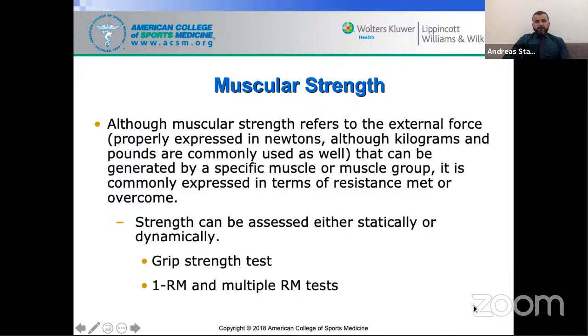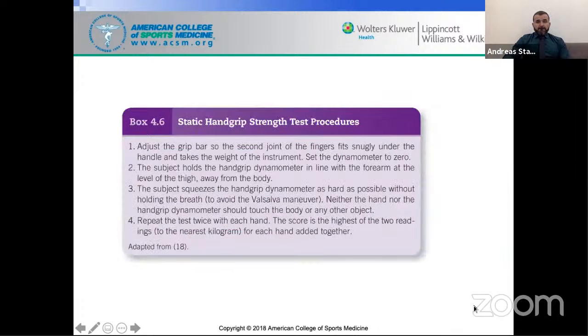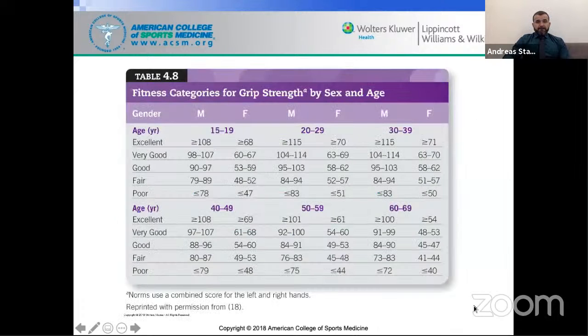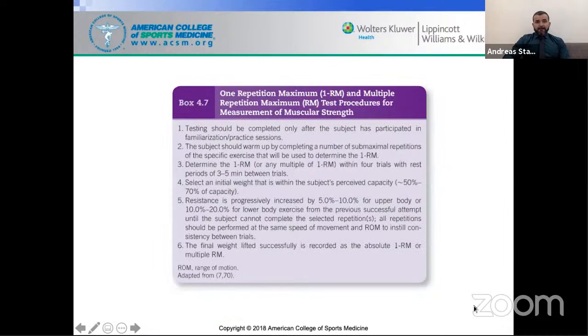Muscular strength, the most classic ones, right, are the 1RM tests that we use, or some kind of grip strength test. And they can be static or dynamic. These are some grip strength procedures. These are some fitness categories for grip based on sex and age.